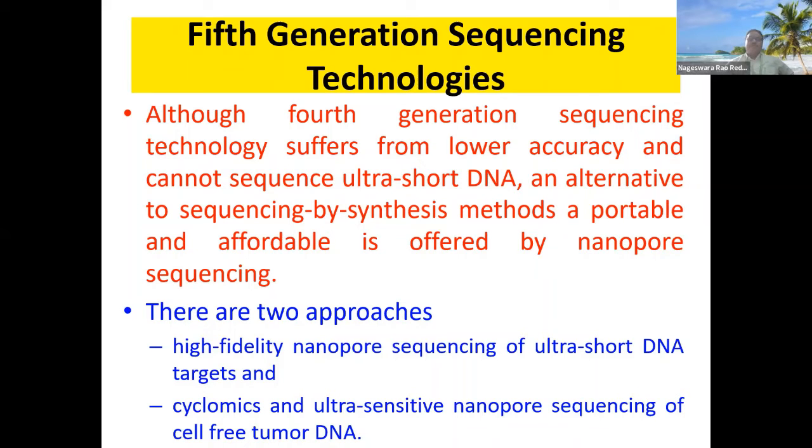But we forgot about the short DNA sequences. So these short DNA sequences were a problem. So the fifth generation has actually offered a way to sequence these ultra short DNA sequences, and accuracy has improved a lot. Till fourth generation accuracy was a little bit low, but from fifth generation the accuracy was very high.